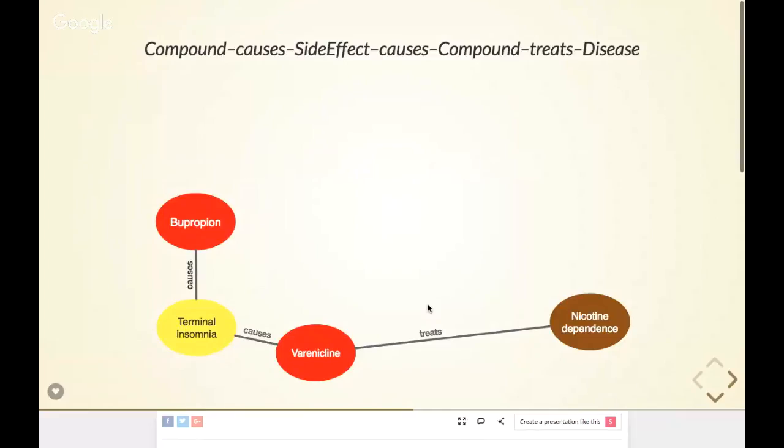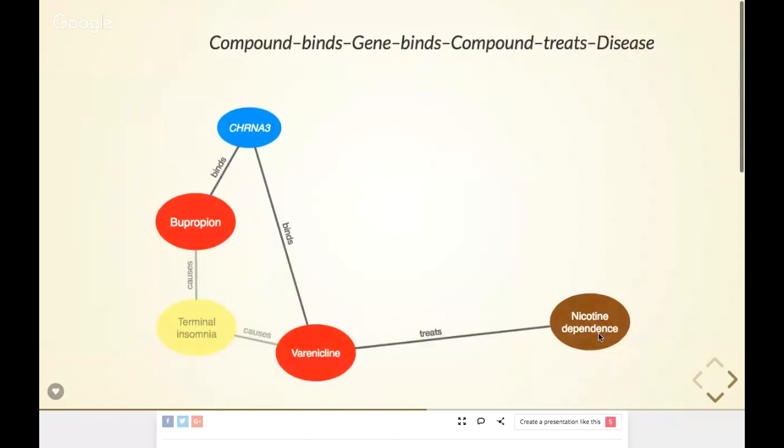And what our approach does is it picks out the paths that are behind that prediction. So one is that bupropion causes the side effect of terminal insomnia, which doesn't mean that it kills you. It just means that you can fall asleep fine, but then you wake up in the middle of the night and can't go back to bed, which is also caused by varenicline, the only other FDA-approved treatment for nicotine dependence.